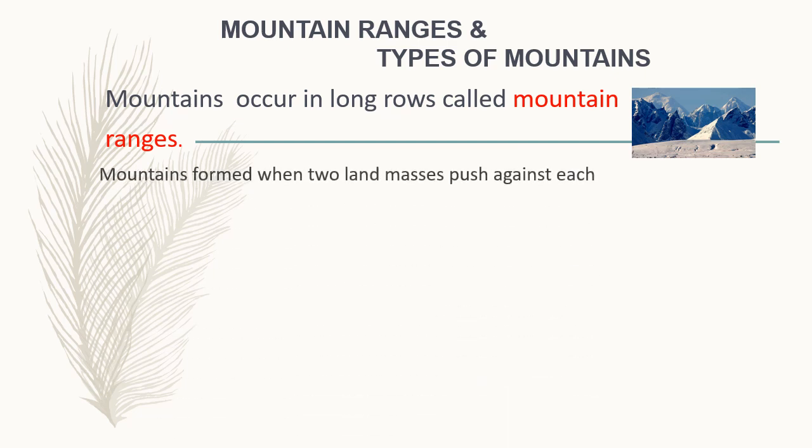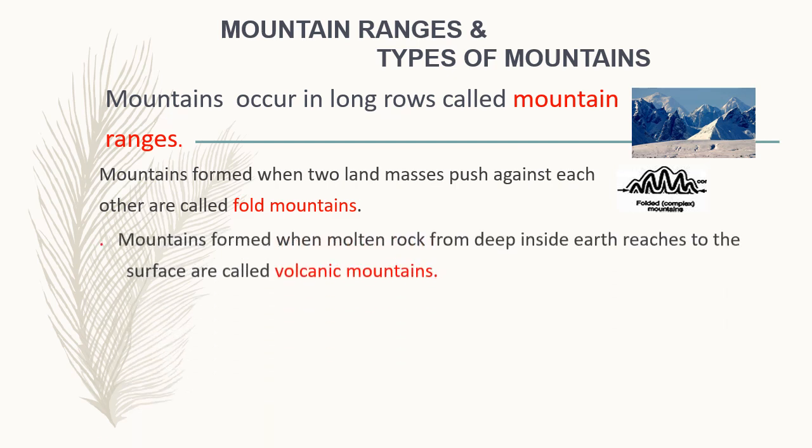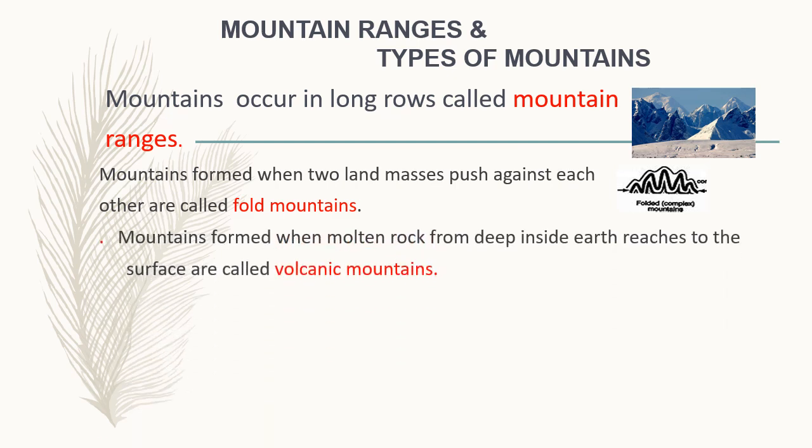Now we will see types of mountains. When two large land masses push against each other, mountains form which are called fold mountains. Next is volcanic mountain.